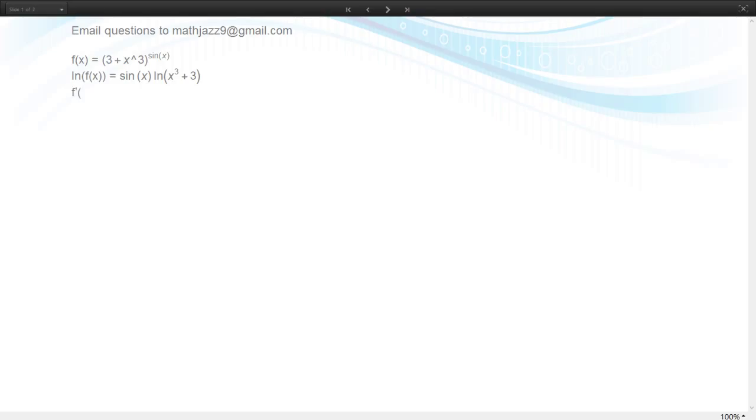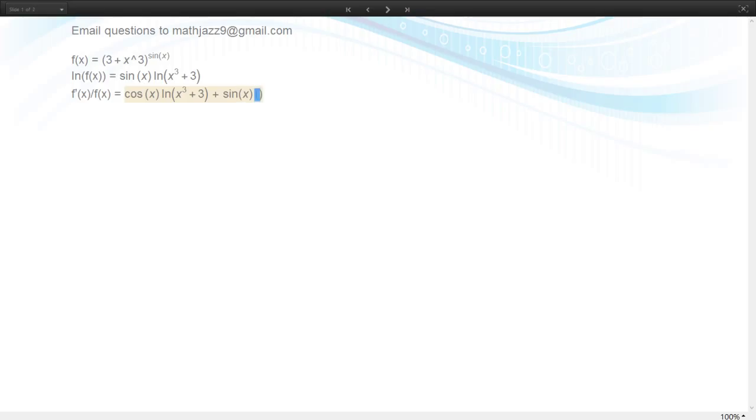So we get f prime of x, because that's the derivative of what's inside the log, and then we divide it by what's actually inside the log, which is f of x. That equals, here we have a product, so we get the derivative of the first function times the second function, plus the first function times the derivative of the second function.